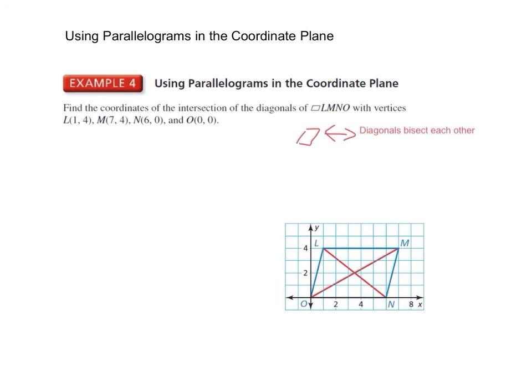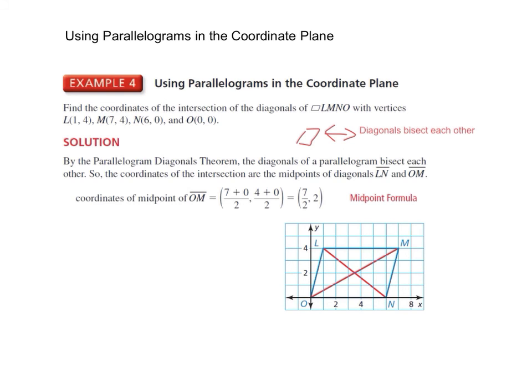So we're looking for a midpoint. And when you're in the coordinate plane, we have formulas to help us find midpoint. So using the midpoint formula, we plug in all the numbers in the right places for the formula and discover that the midpoint of segment OM is located at 7/2, in other words 3.5, 2.